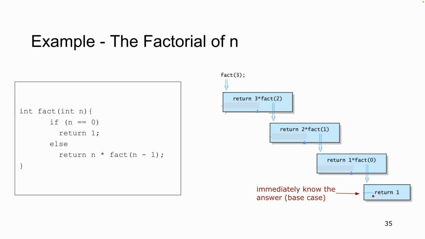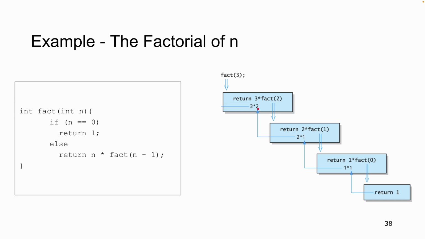So we return from this layer here. When we return 1, then we know the outcome of this statement will be 1 multiplied by 1. So we just return 1 to the upper layer. In the upper layer, we know the return value of fact 1 is 1. So we just calculate 2 multiplied by 1, and then we return to the upper layer.